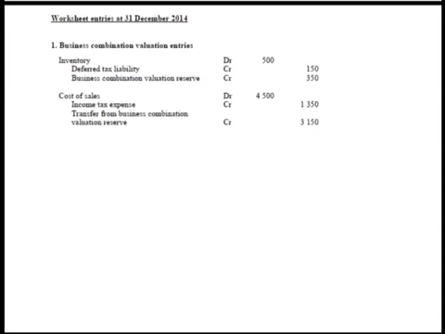So here you can see first of all the entry for the 10% of the inventory on hand that needs to be revalued to fair value, and then the entry for the 90% of the inventory that was sold.